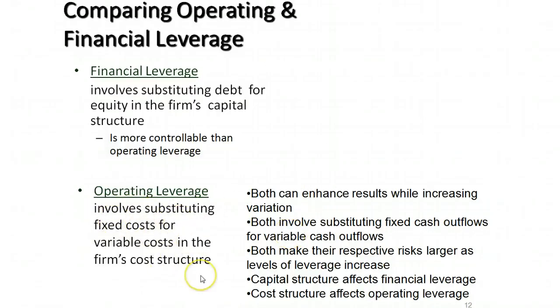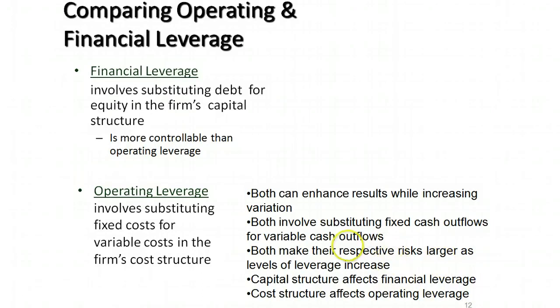So operating leverage involves substituting fixed costs for variable costs in the firm's cost structure. The more fixed costs replace variable, the more operating leverage we have. So both can enhance results. Both involve substituting fixed cash outflows for variable cash outflows. Both make risk larger.